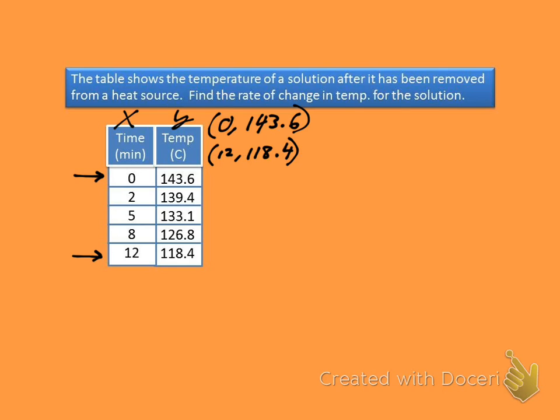Once you have those pulled off, the next step is to figure out the change between those. So you go like this. You put your y's on top. So 143.6 minus 118.4, divided by, and now you go to your x's and you go in the same order.